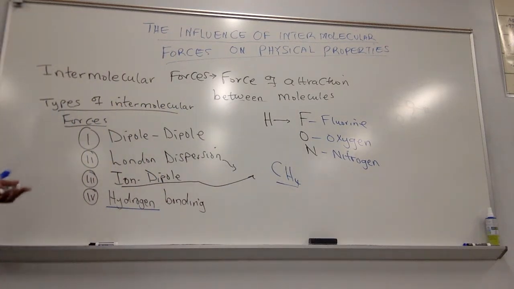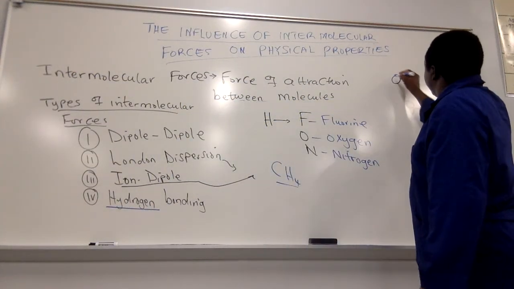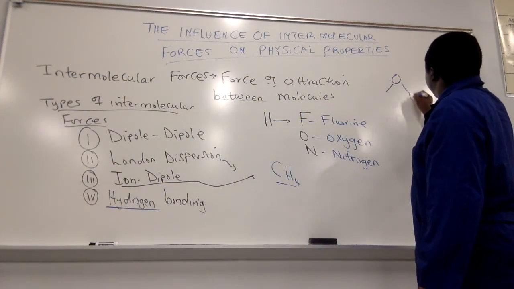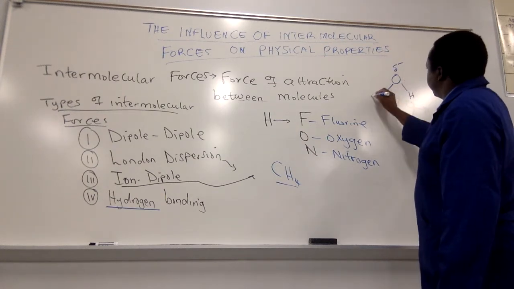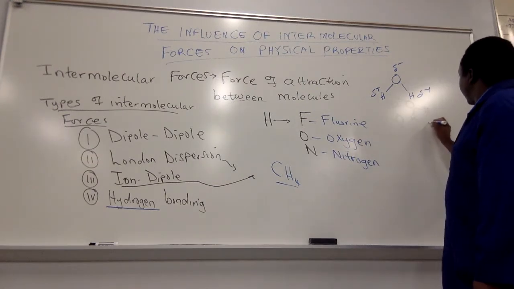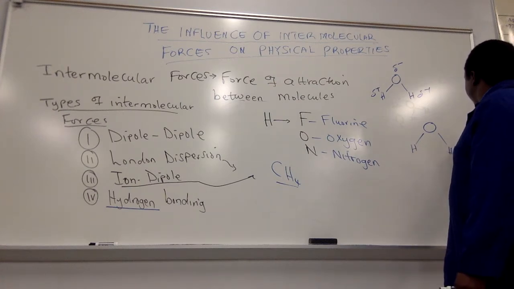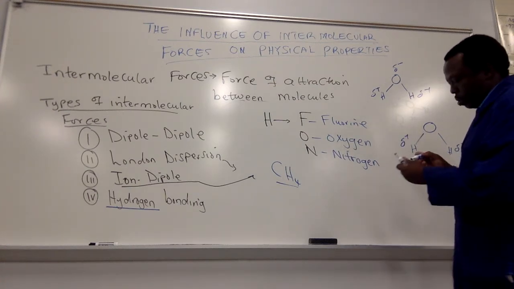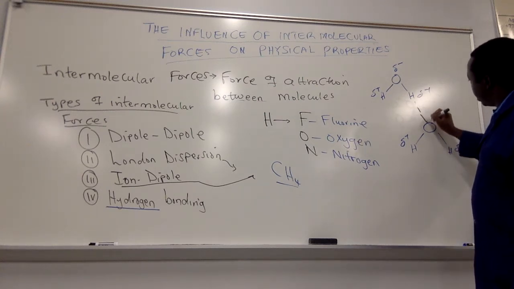So I can say in H2O there is hydrogen bonding. If I have a water molecule, partially positive, partially negative, partially positive, I can have another water molecule on this side, and the force of attraction right here is hydrogen bonding.